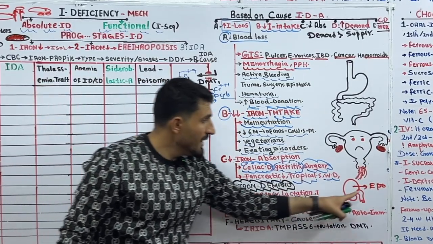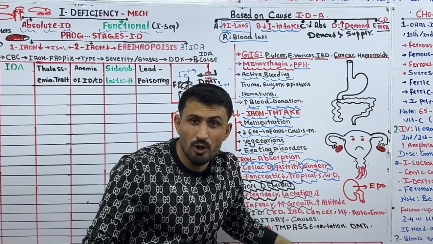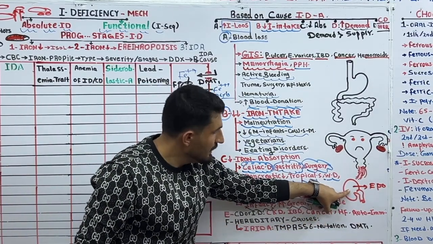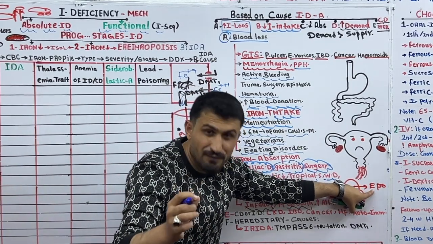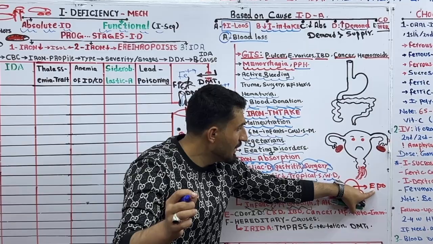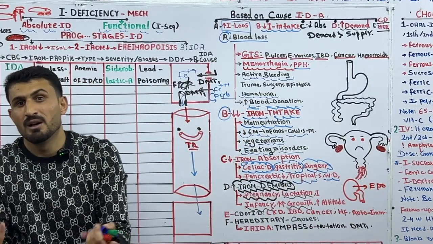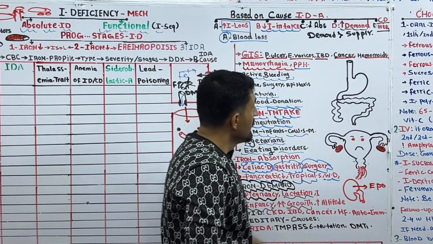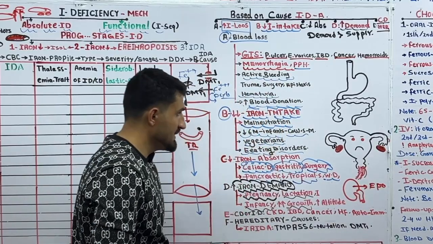So when we have less erythropoietin, we cannot stimulate the bone marrow. So in chronic kidney disease, when we have chronic inflammation or damage to the kidney, we cannot produce enough erythropoietin, and when we don't have enough erythropoietin, we cannot produce enough RBCs. So that's why the patient enters into deficiency anemia.